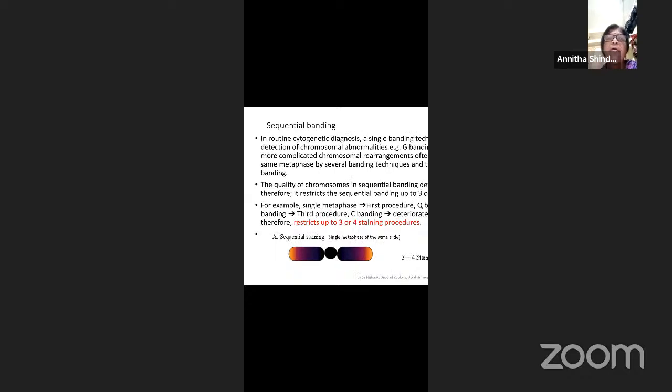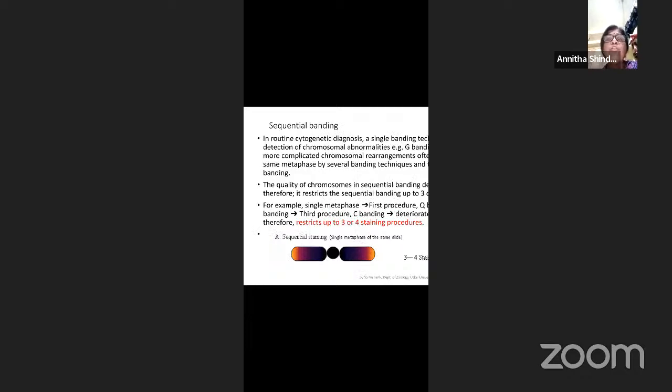Now, another one is sequential banding. Sequential banding is the modern banding technique. In routine cytogenetic analysis or diagnosis, a single banding technique is usually sufficient for detection of chromosomal abnormalities. But sometimes more complicated chromosomal rearrangements occur. At that time, you often require sequential staining.